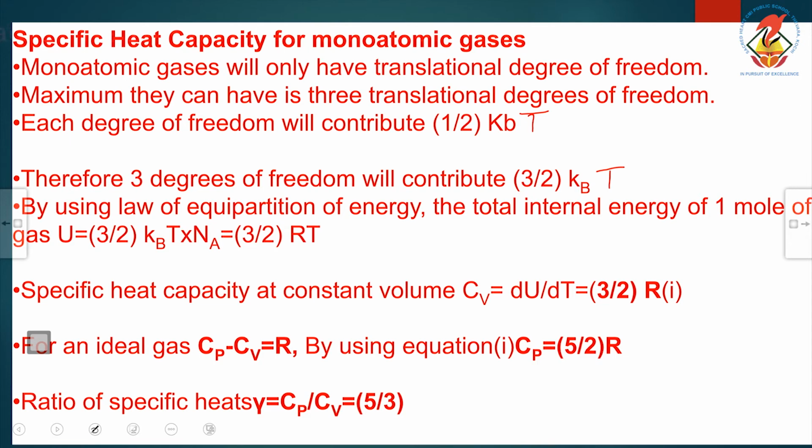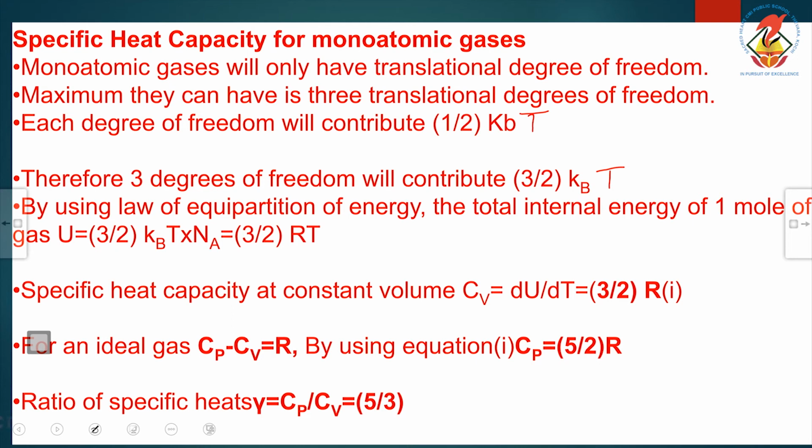Now, using the law of equipartition of energy, the total internal energy of 1 mole of gas, written as U, can be written as 3 by 2 kBT into Avogadro number. 3 by 2 kBT is for 1 molecule.